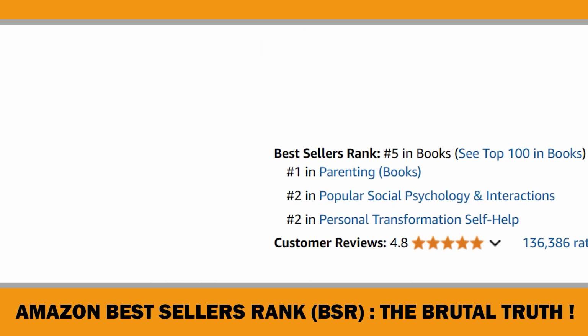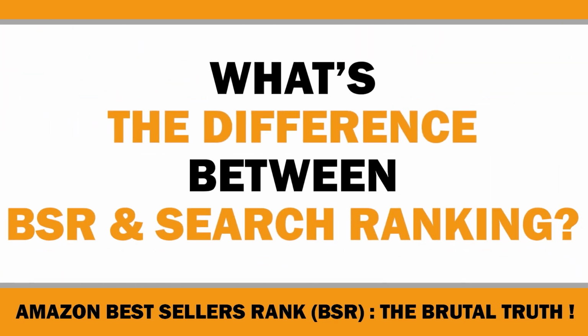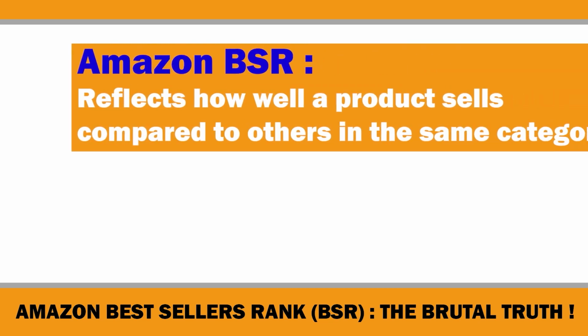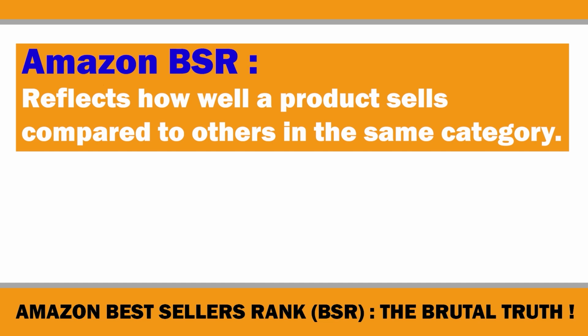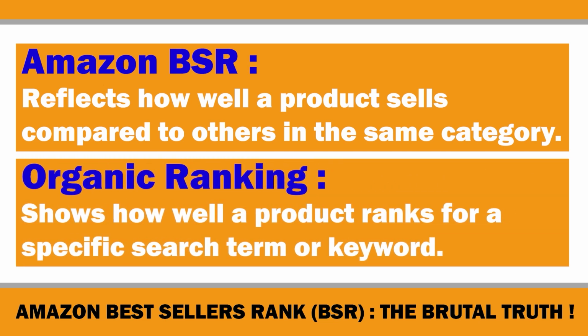Before diving into what YouTubers deliberately leave out when presenting BSR figures of popular books, I want to clear up a common point of confusion, especially for beginners: the difference between BSR and search ranking. As I have explained, Amazon BSR reflects how well a product sells compared to others in the same category. In contrast, organic ranking shows how well a product ranks for a specific search term or keywords.